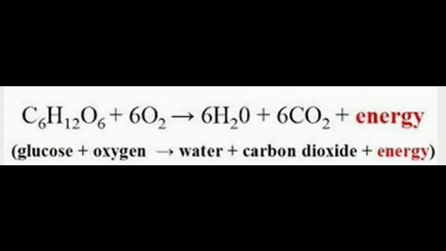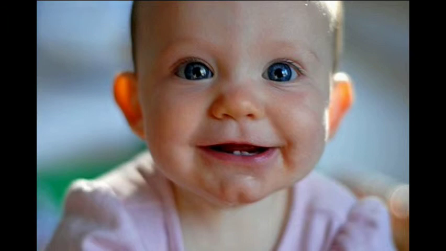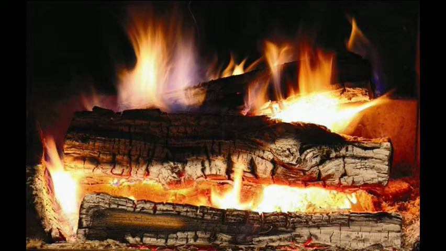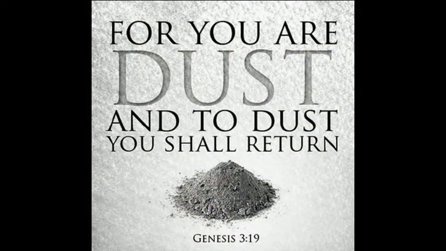Oxidation slowly turns us from sweet babies into sour old people, just like it turns sugars into alcohols in wines, and eventually into acids in vinegars, and finally into carbon dioxide and water. Oxidation, like in a fire, breaks something complex, like a life, into something simpler, like ash and earth.